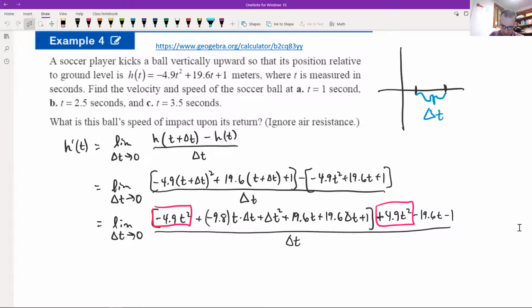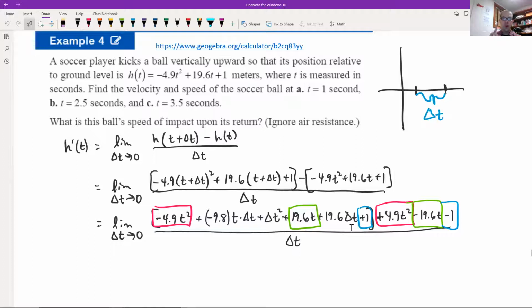Just 19.6 t. There's a positive version over here and a negative version over here, canceled. Also the ones, plus 1, minus 1. Those parts will cancel out. And notice those are all the terms that were in h of t. All of those cancel out. And all we're left with are terms that have delta t in them.